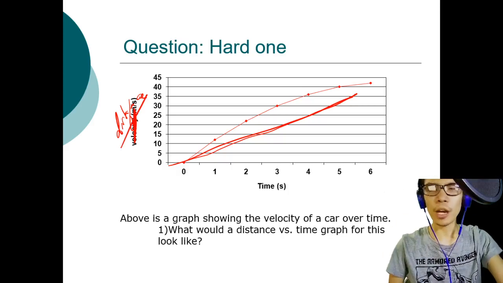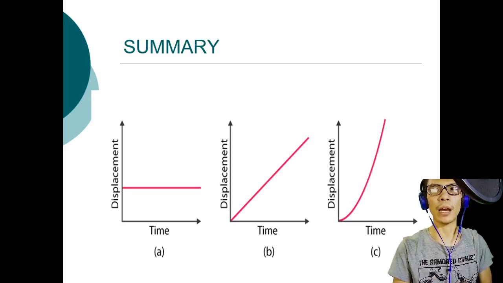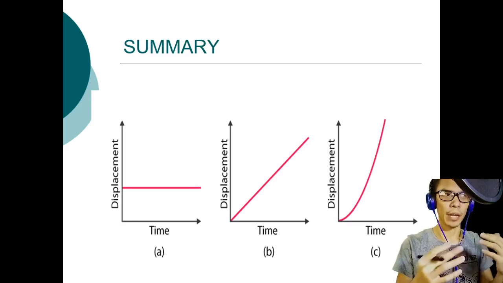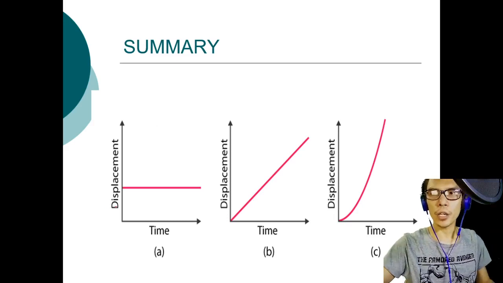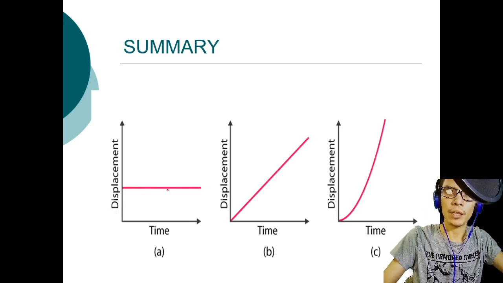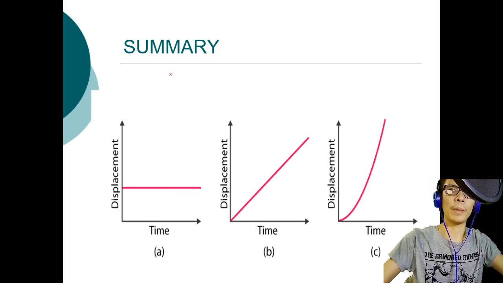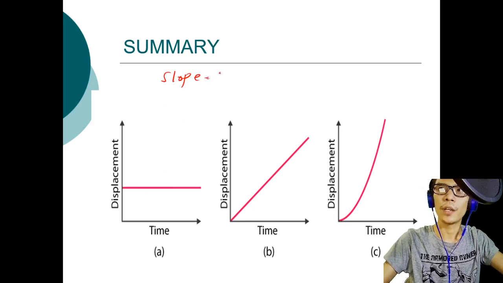Before I finish this video, let's have a summary of everything that we have here, and a comprehension check afterwards. Remember that the slope of displacement versus time is called velocity.